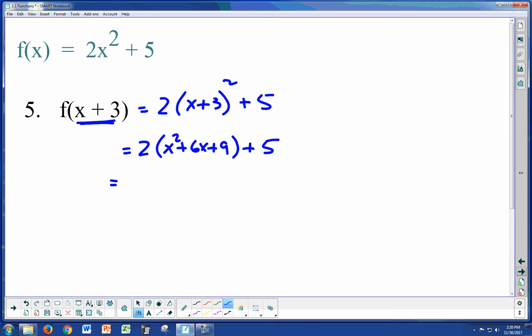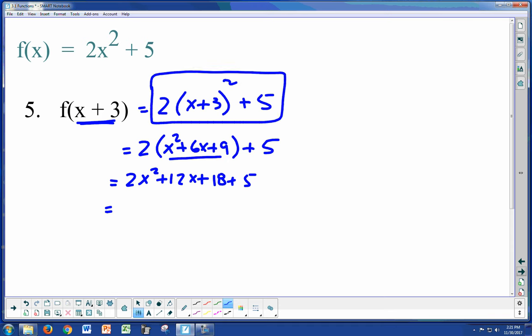So this can be distributed with the 2 here. So we've got 2x squared plus 12x plus 18 plus 5. Or final answer, and honestly you can just box that guy. But 2x squared plus 12x plus 23 is really what they're looking for when they're looking for that function written out in ax squared plus bx plus c form.